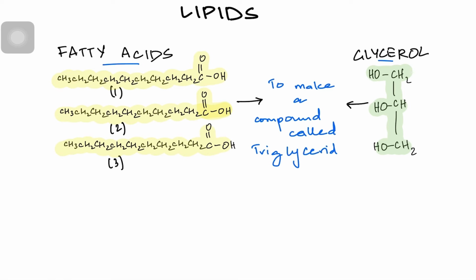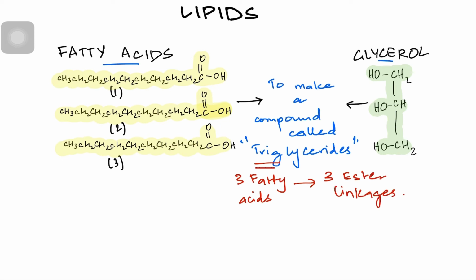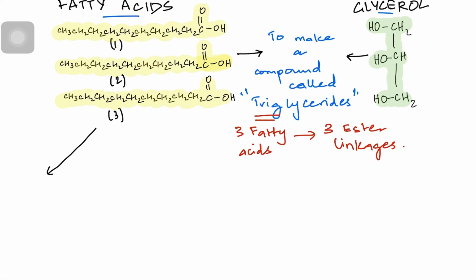The word tri means 3, glyceride means fatty acids, or you can say esters. So there are 3 fatty acids and 3 ester linkages. It's very important for us to know that in a triglyceride, 3 fatty acids combine with 1 glycerol.